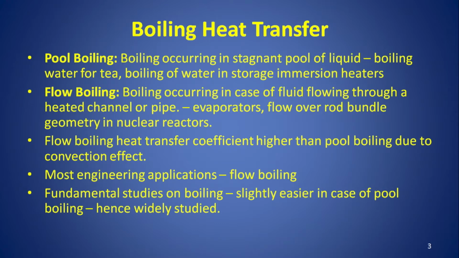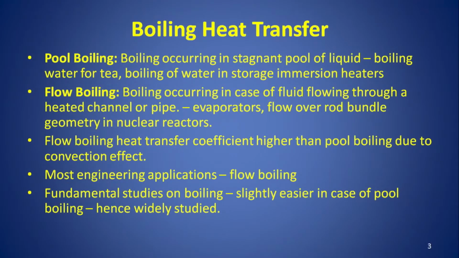Natural convection was primarily where you had density difference caused by temperature difference causing the heat transfer. Delta T was needed in both cases. Where the flow was being forced, we called it forced convective heat transfer. Where the flow happened because of density difference, we called it natural convection. Now, here in boiling heat transfer, we have two broad classifications, one is pool and the other is flow.